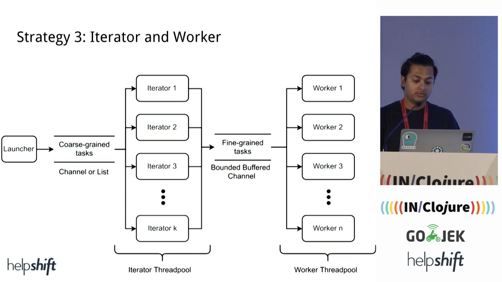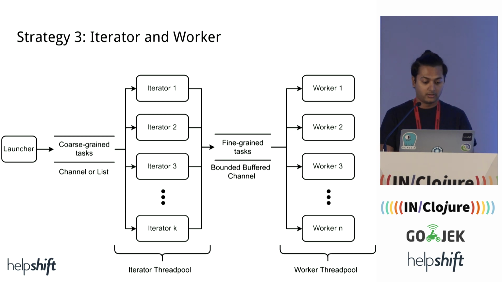An iterator takes a coarse-grained task, looks at the data, and decides whether it needs to split it up into further parts or not. Note that the iterator doesn't actually do any work. It just makes the data ready for the final layer which actually works on the data. And that is our workers, which take what is given to them from the iterator and process those tasks instead of processing the tasks that were given to the job as a whole.